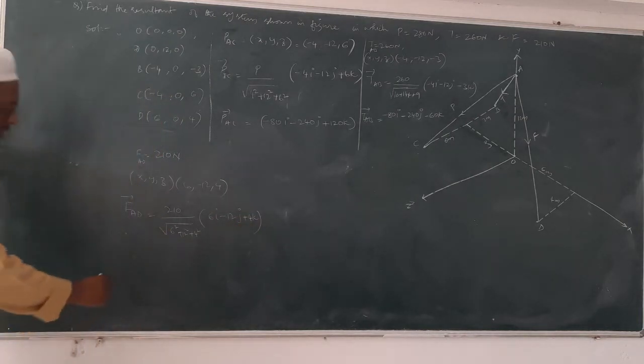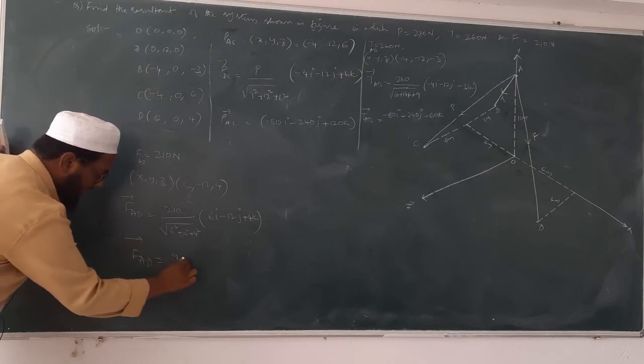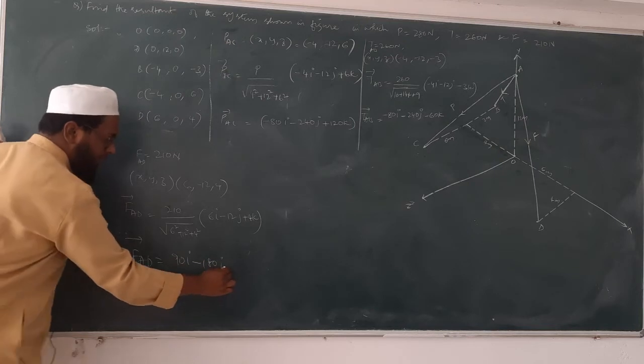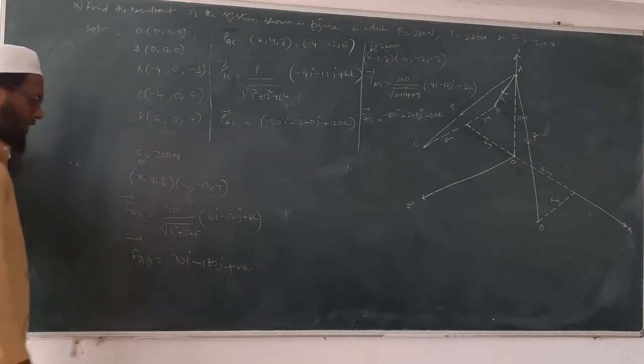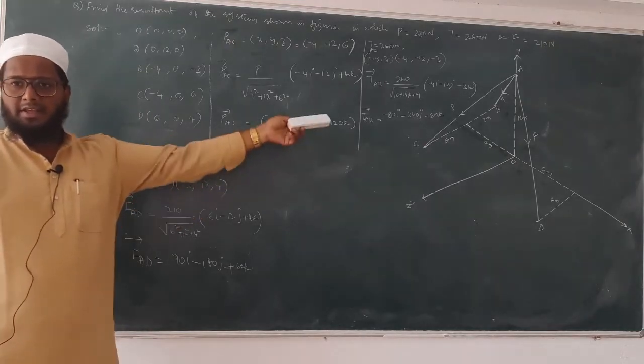Now tell me this value. 90i, then minus 180j, plus 60k. Okay, so this is the force vector for AC, AB, P, T and F.